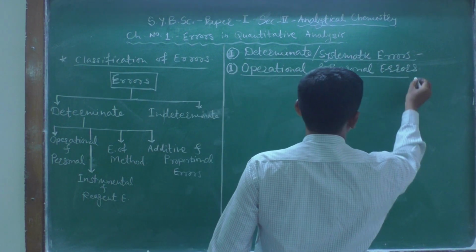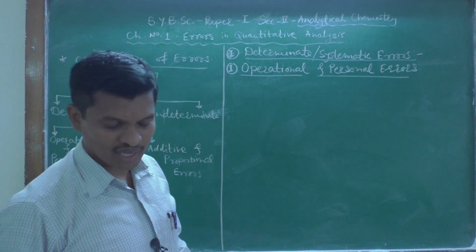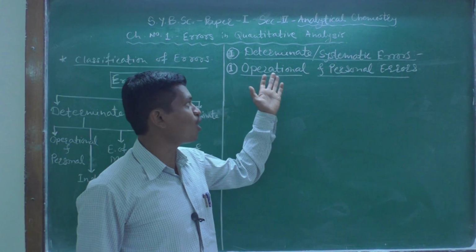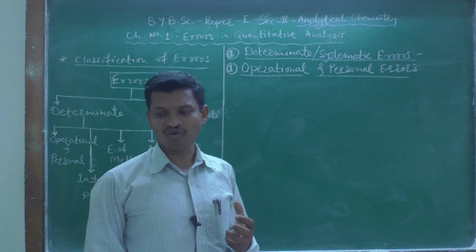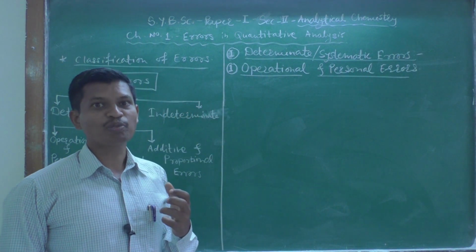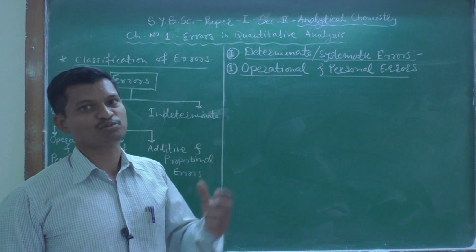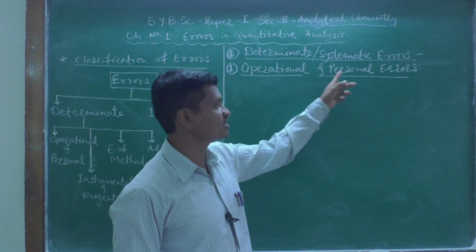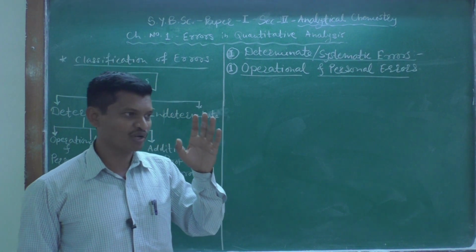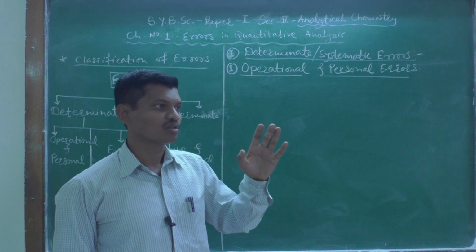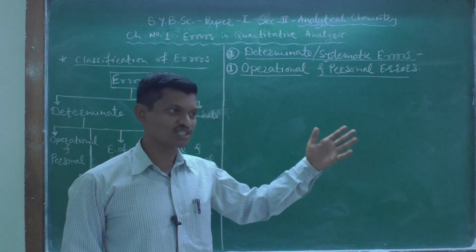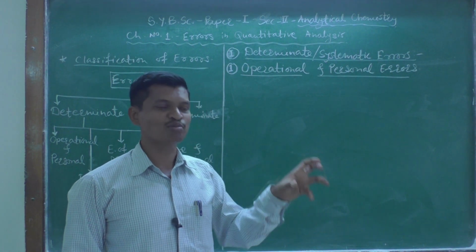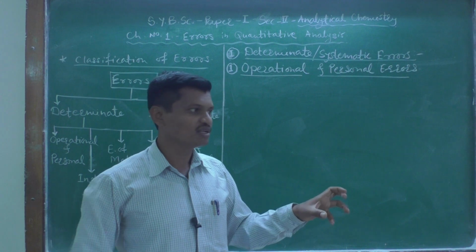As the name of this type indicates, these are operational and personal errors. These are errors for which an individual person is responsible, or the operation that person is doing for a particular analysis, for a particular experiment.